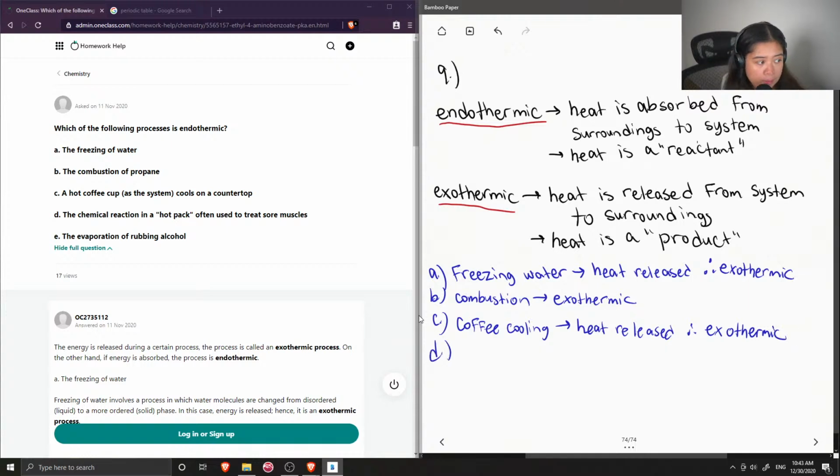So this is exothermic as well. D, the chemical reaction in a hot pack, often used to treat sore muscles. So hot pack. What takes place is that the hot pack releases heat.